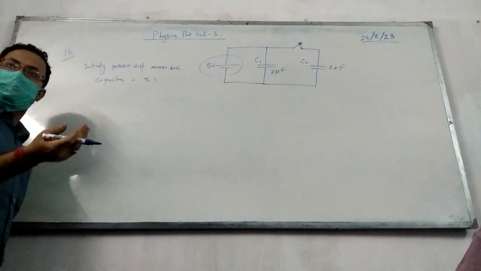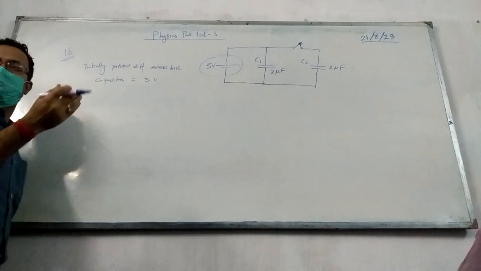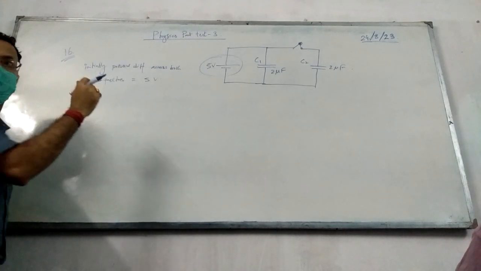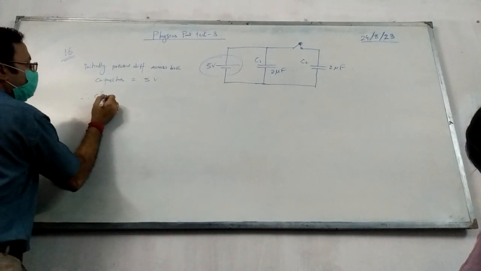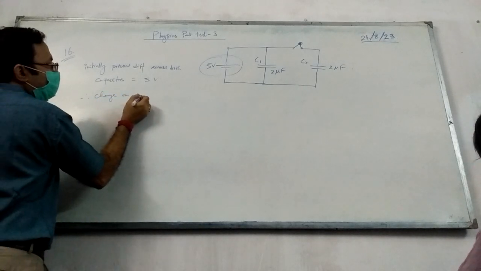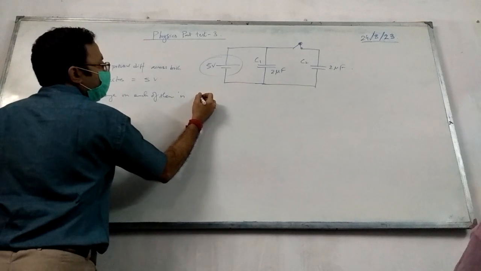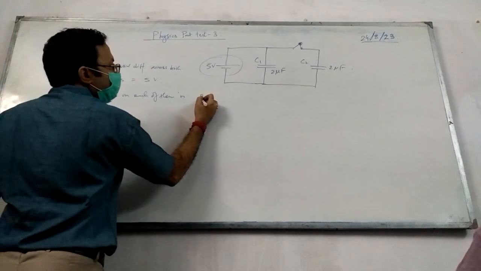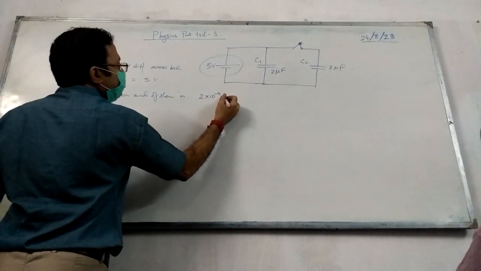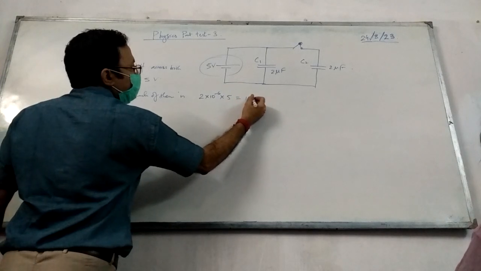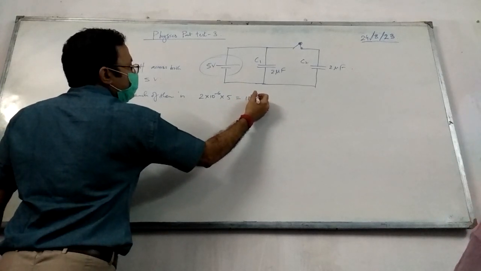So, of course, they'll store the same amount of charge because they have the same capacitance. Therefore the charge on each of them is Q equal to C into V, that is 2 into 10 to the power minus 6 into 5, that is 10 to the power minus 5 coulomb.